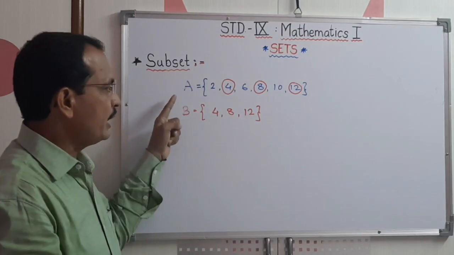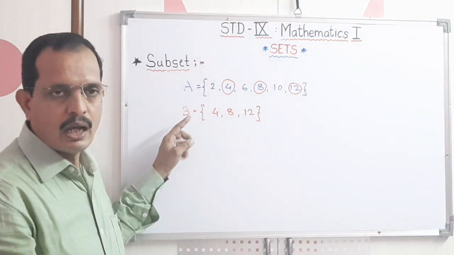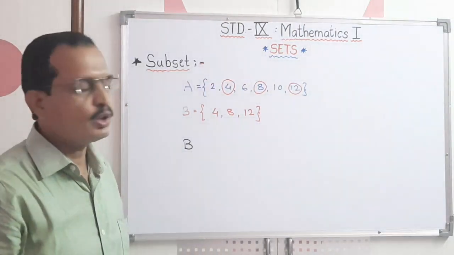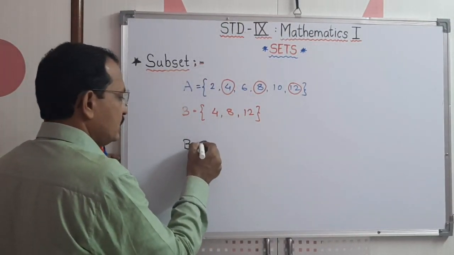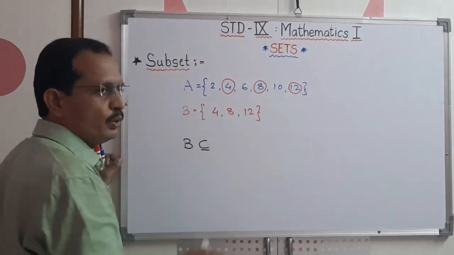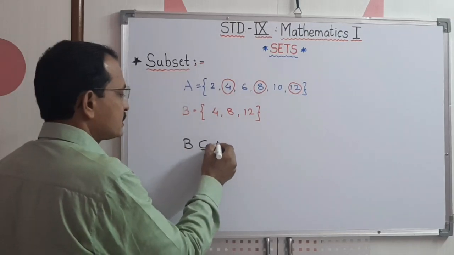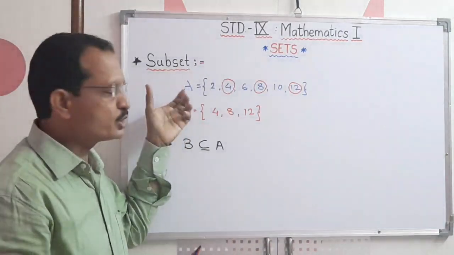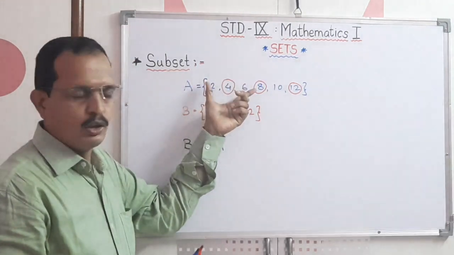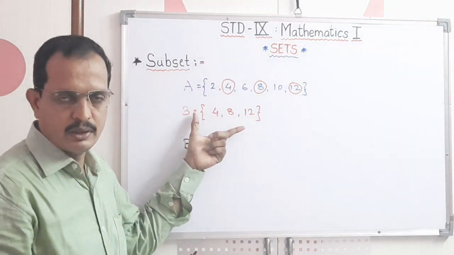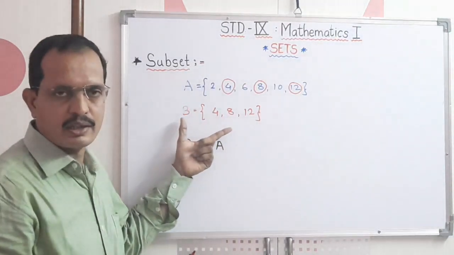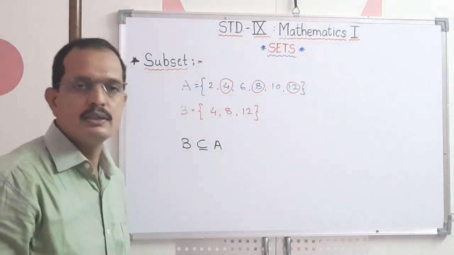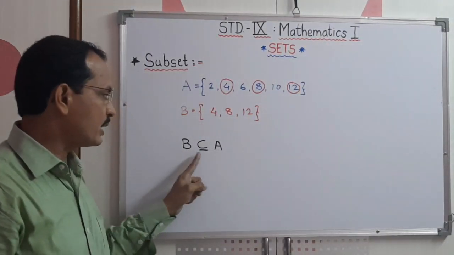If sets A and B are given like this, and all the elements of set B are present in set A, then set B is called a subset of A. For that purpose we use this symbol, that is, set B is a subset of A. Remember students, here B is a subset of A because all the elements of set B are present in set A. Not that all the elements of A are present in B. Therefore remember, when sets A and B are given and all the elements of set B are present in set A, then set B is called a subset of A. By using the symbol, we can write it like this.